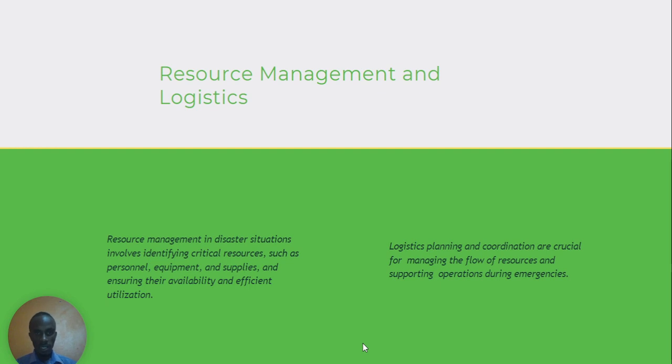And then logistics planning is crucial for managing the flow of resources and supporting operations during emergencies. So all these resources, the supplies, the equipment that are going to be used during emergencies, are effectively managed by doing what we call logistics planning.